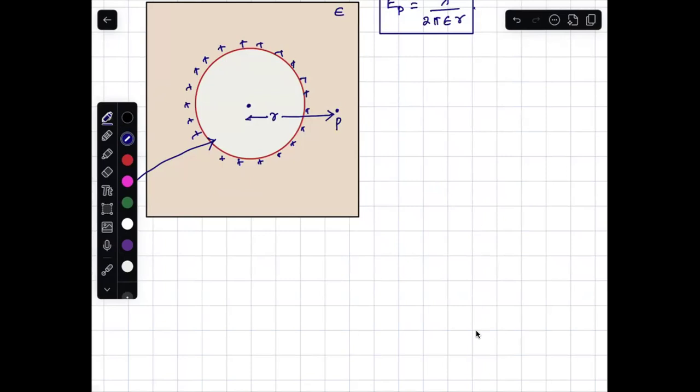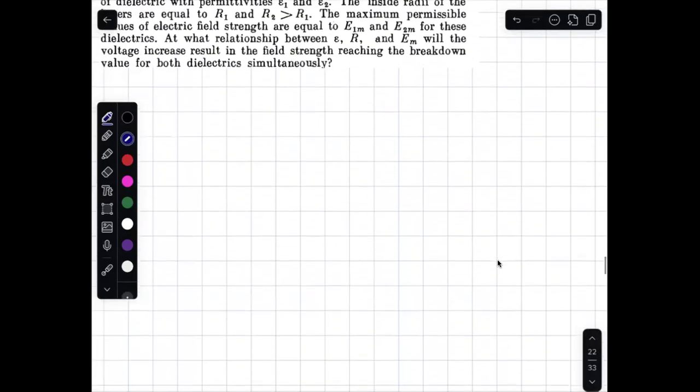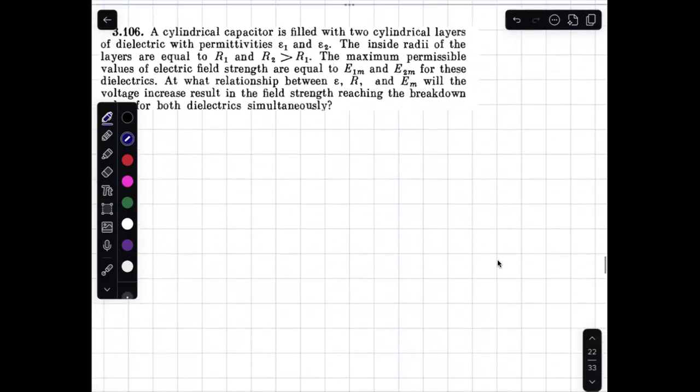Now, when the field is strong, what happens? They will break. They will become free charges. And it is no longer a dielectric. It will become a conductor. So such a field, the minimum field when such a situation happens, is called dielectric breakdown or dielectric strength of the material.